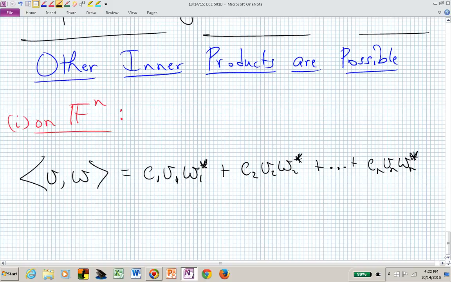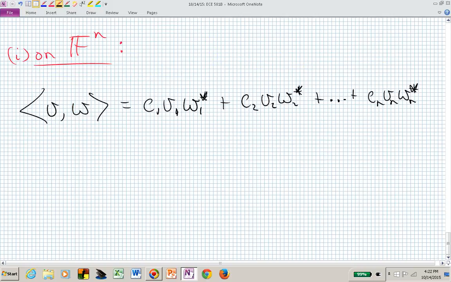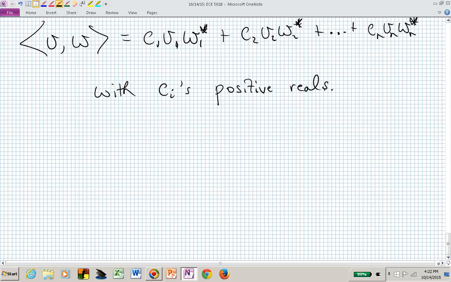Now we need to make some restrictions on those scalars. We need all of those c sub i's to be positive real, meaning these are real scalars that are positive. That forms a different inner product, a weighted or scaled inner product.